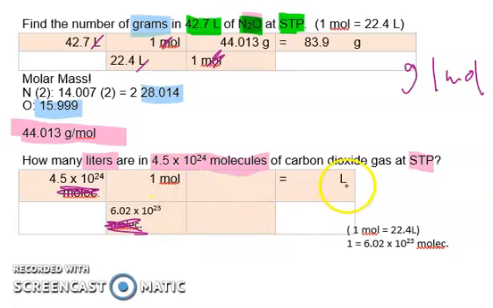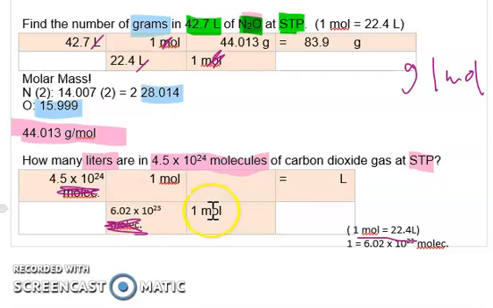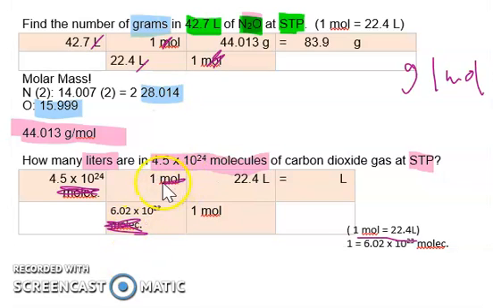However, I still need liters. So I'm going to use my other conversion here. 1 mole is equal to 22.4 liters. I need moles at the bottom to cancel out, and 22.4 liters at the top. So now I can cancel out my moles, and I'm only left with liters, which is what I wanted. So now I can do the math.